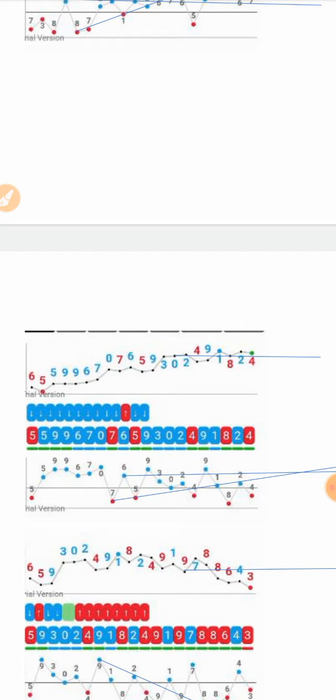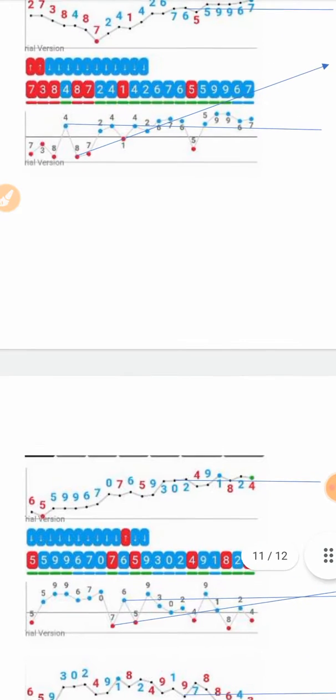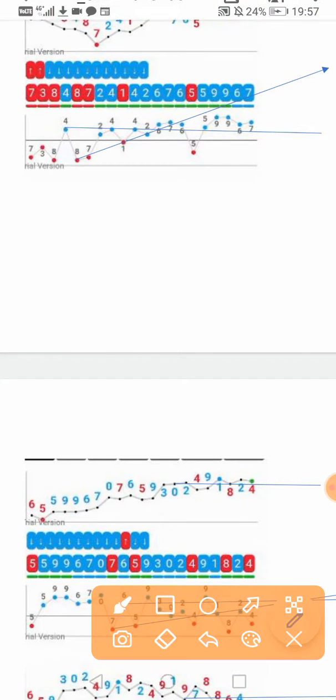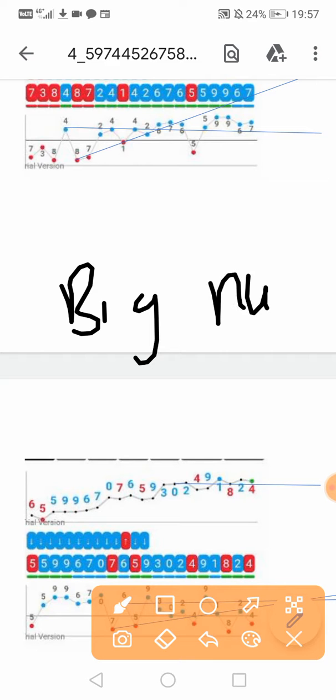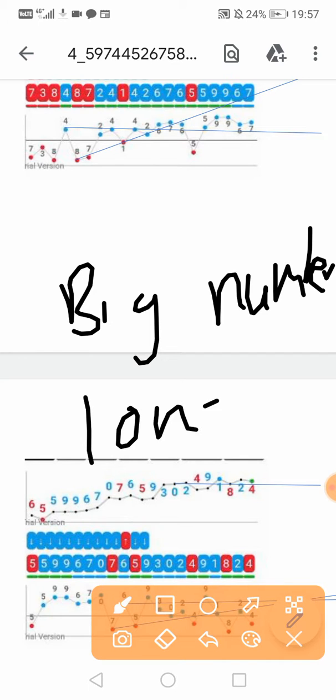And then another thing that you guys should notice is that the big numbers that weigh more than small numbers, they tend to break when the analysis is longer. Why is that?